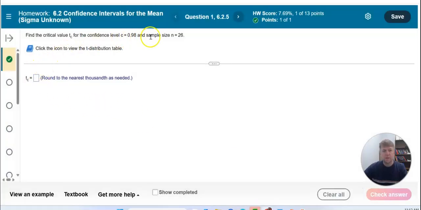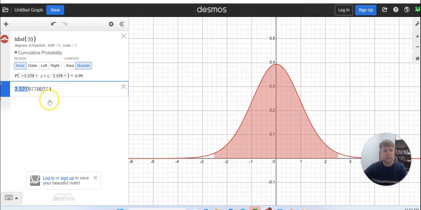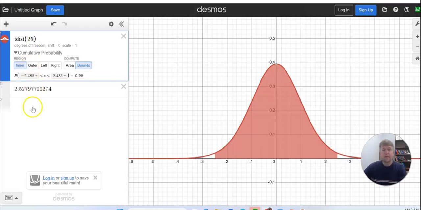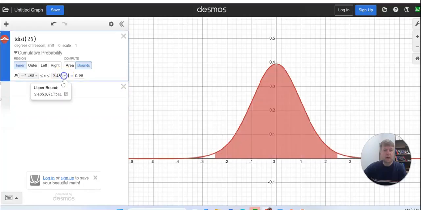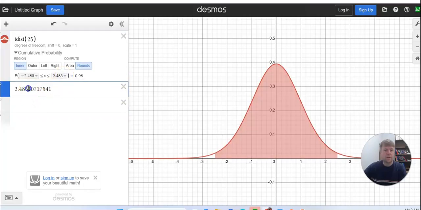So 98% confidence level, sample size 26. The 98% confidence level, that's not changing. But the sample size is 26, so that'll make this 25, right? So that's now updated. That's no longer accurate, so I'm going to drop that down, round to the nearest thousandth. So that will be the rounding since the next number is a 1.